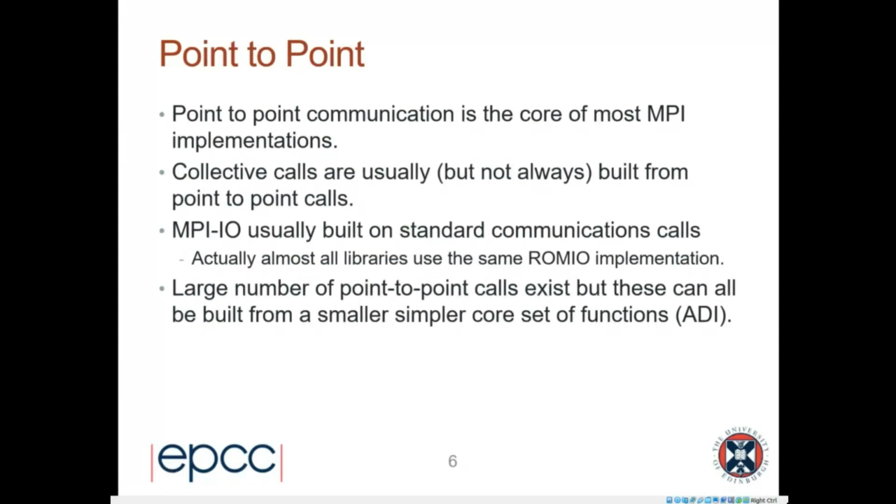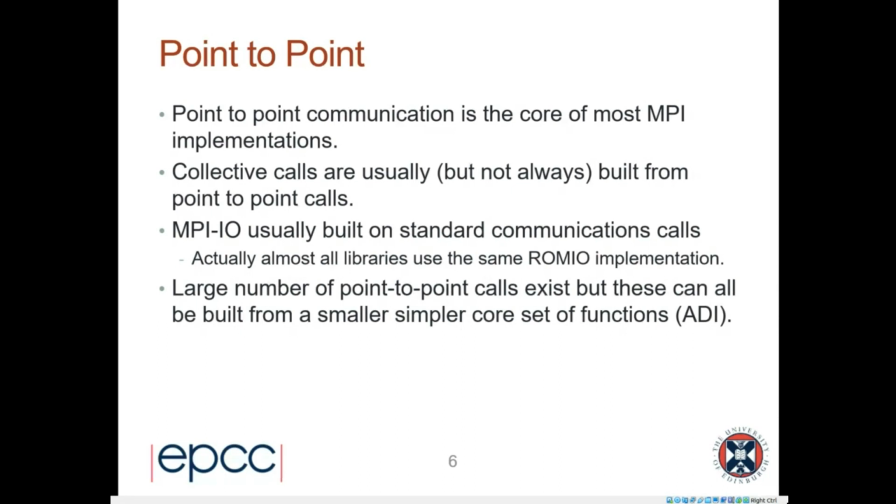Point-to-point is the core of most MPI implementations. Collectives are usually, but not always, built from point-to-point. By default, your MPI library will have an implementation of the collectives using point-to-point, but hopefully there may be more efficient implementations taking advantage of particular hardware characteristics.